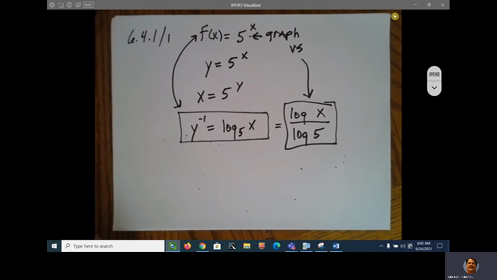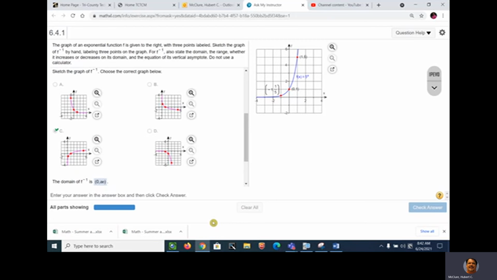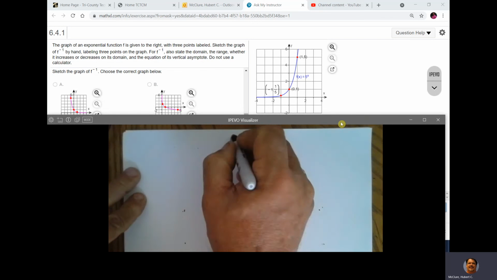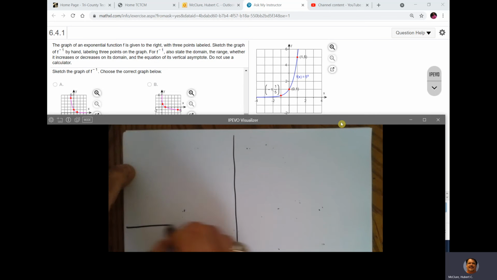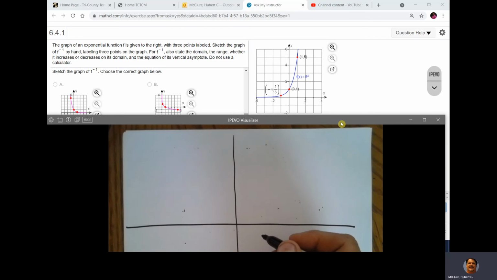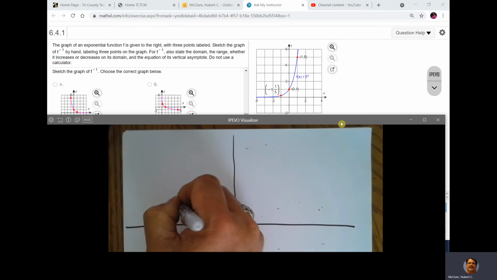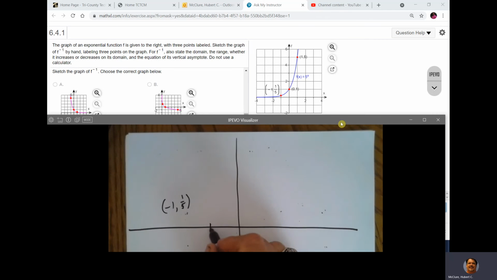Okay, if you do the graphic representation, if I could find the question, there we go. And I'm going to redraw the graph, and I'll show you what I'm doing here. I'm going to draw it big so we can expand it. We've got a point at -1 and 1/5.